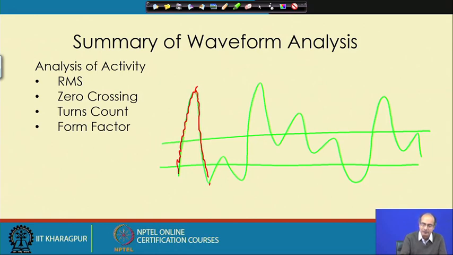That means if this is a peak, before the other turn so many points should be there, and the magnitude of this change in between should be a minimum number, only then I would take that as a turn.